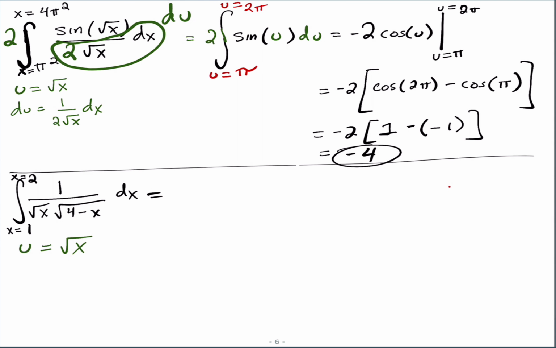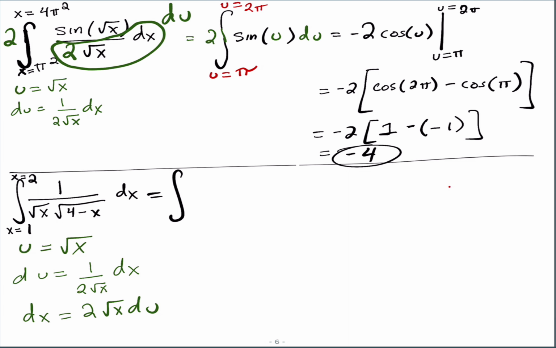Typically what you do in this case is you find u, you find du, and then like the weird one that we did earlier, you solve for dx, and then you just plug it all in and hope that stuff cancels. So that's what we're going to do. Okay, let's see what happens.